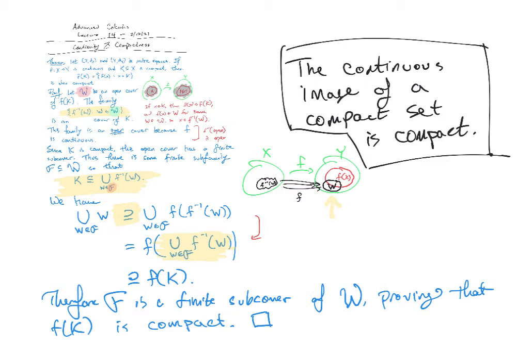Okay, so just remember this theorem is saying the continuous image of a compact set is compact. Are there any questions about any of those? Benjamin says that we could make a proof of this theorem using epsilon delta continuity and sequential compactness.